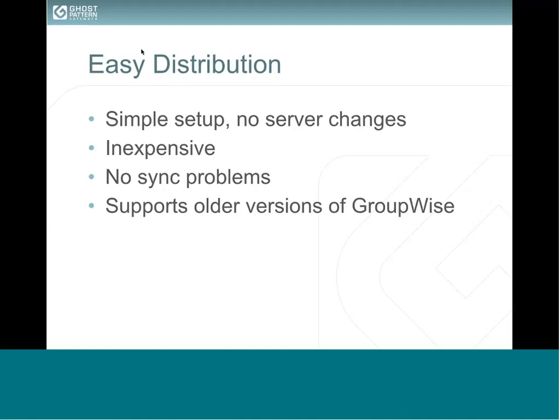It's fairly easy. All you do is deploy the app on the device, point it at your GroupWise Web Access server, and you're done. The app is working. It's fairly inexpensive. You're not required to upgrade your GroupWise server. You don't need to pay a lot of money for deploying additional services.